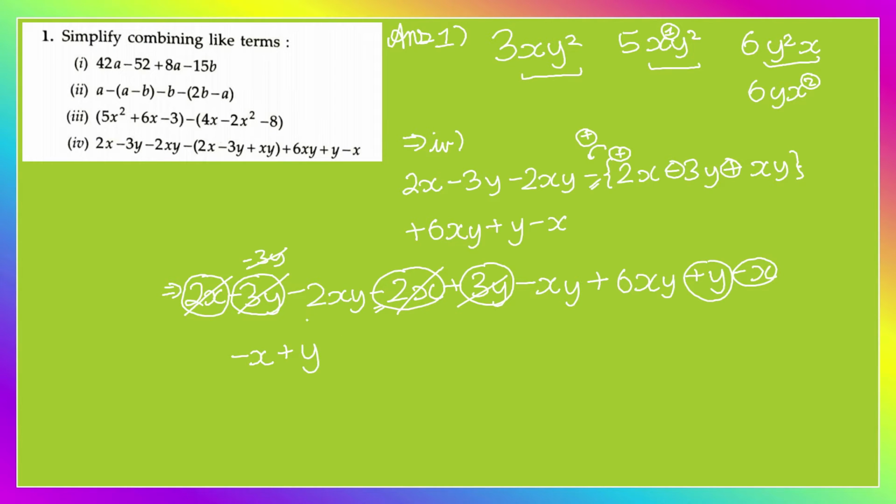And now we have minus 2xy minus xy, so we have 3 terms, minus 2xy, then we have minus xy, then plus 6xy. Minus 2 minus 1 will become minus 3, and minus 3 plus 6 will become positive 3. So plus 3xy. This is the answer. Minus x plus y plus 3xy.